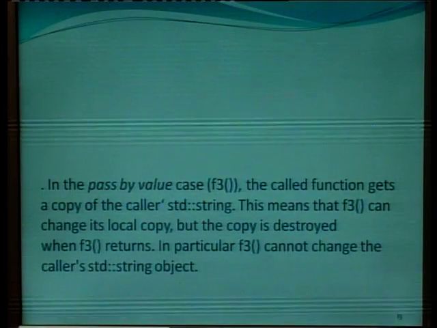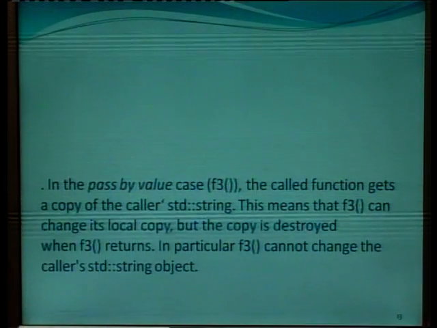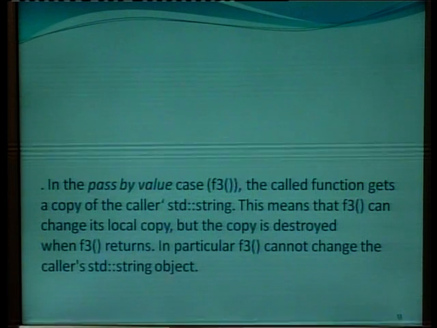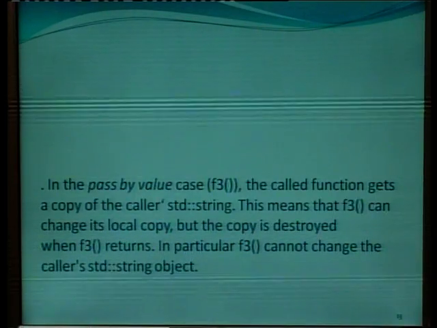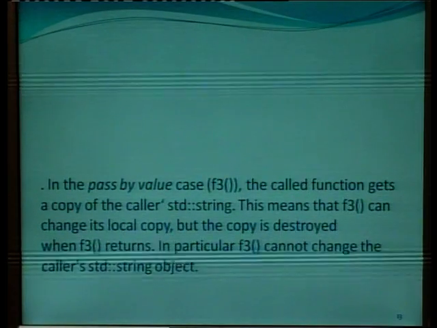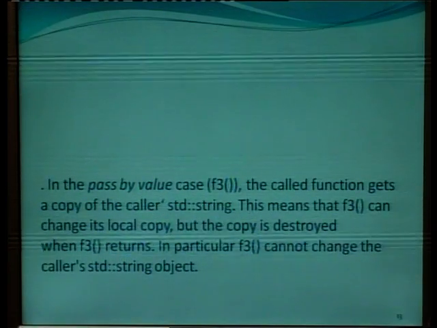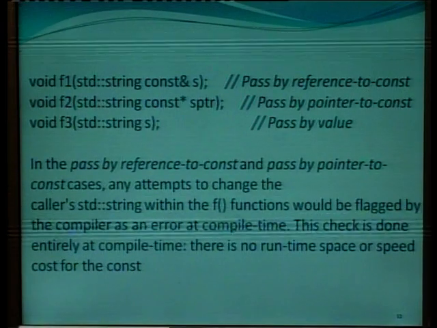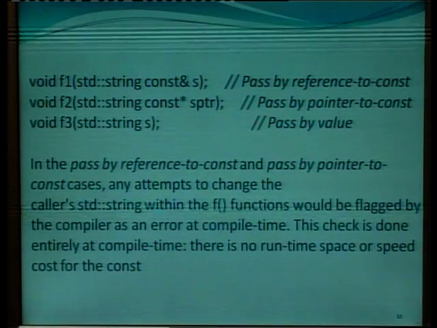In the pass by value case f3, the function gets a copy of the caller's standard string. This means that f3 can change its local copy, but the copy is destroyed when f3 returns. So f3 cannot change the caller's standard string object. In the f3 case, pass by value, the parameter is a copy of the caller's standard string.